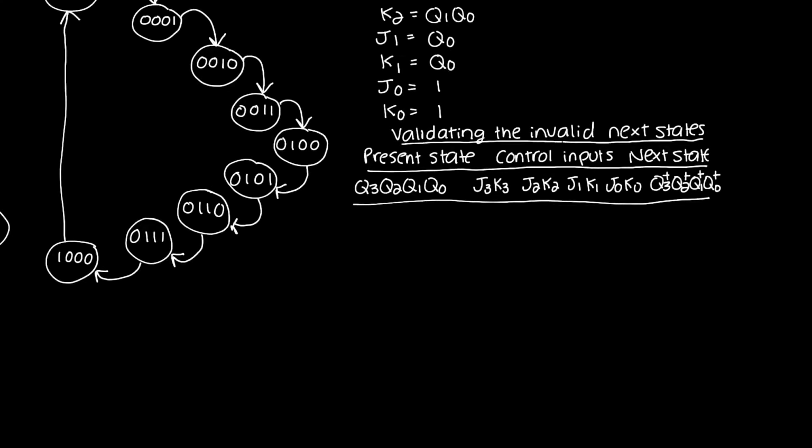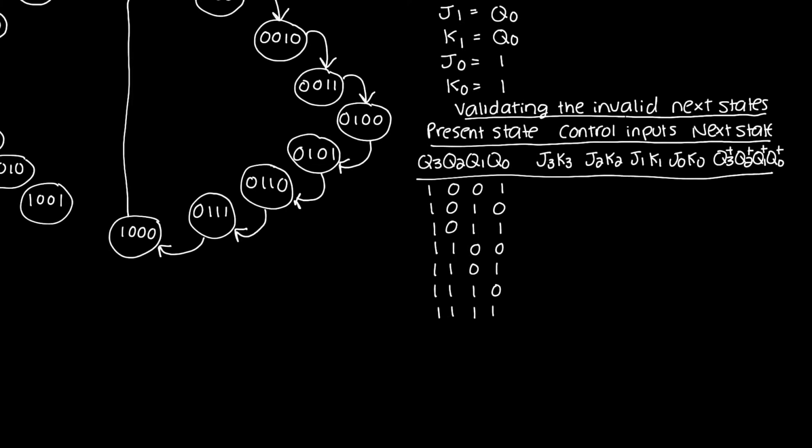So let's write them. They're everywhere from 9, 10, 11, 12, 13, 14, and 15. These are all my invalid states.